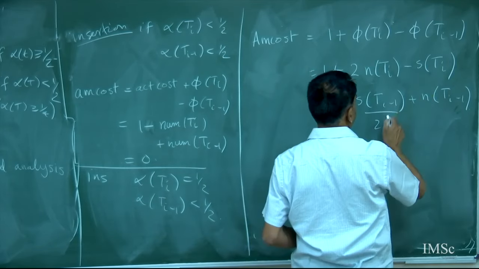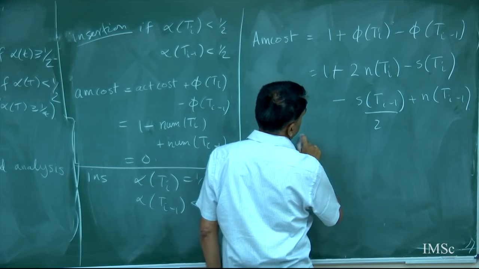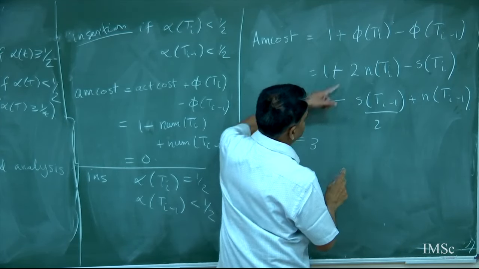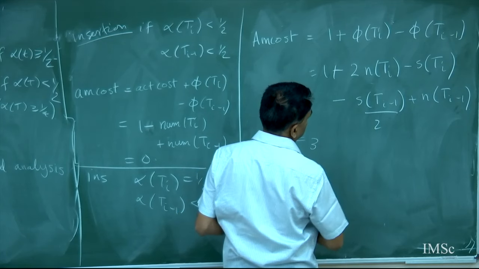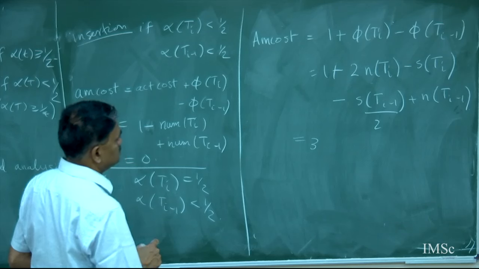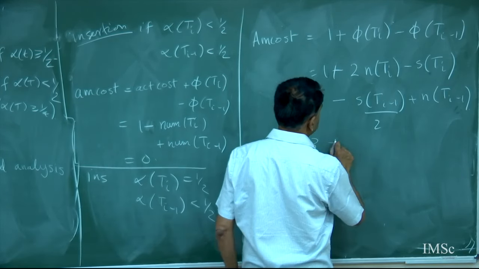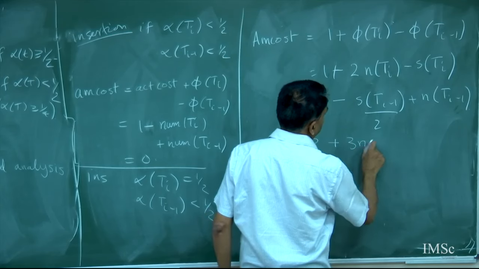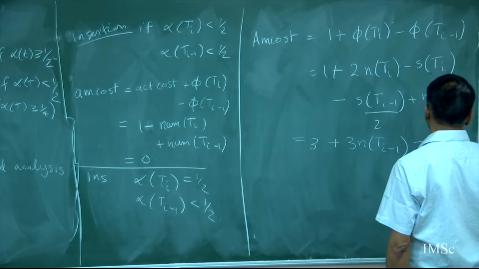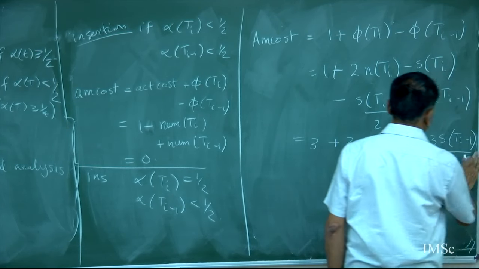The size of the table doesn't change, so this is 1 plus, since the number of elements increases by 1, I'm going to write this as 3, plus 3n of Ti minus 1, minus 3s of Ti minus 1 by 2.